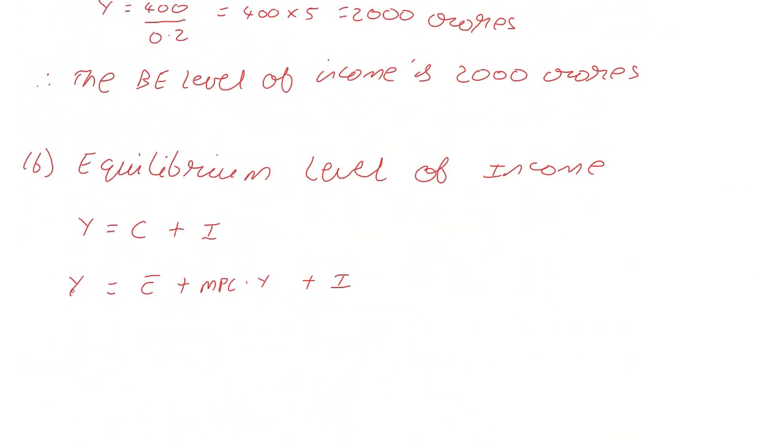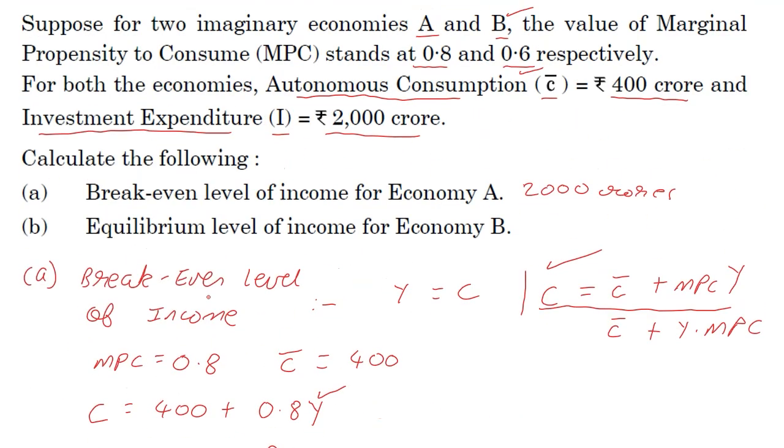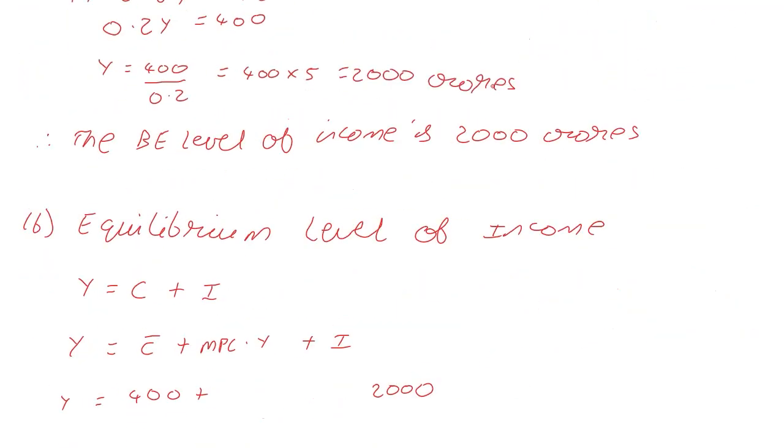All right, so we can say Y is equal to 400 plus investment expenditure of 2000. MPC for the second economy is 0.6.